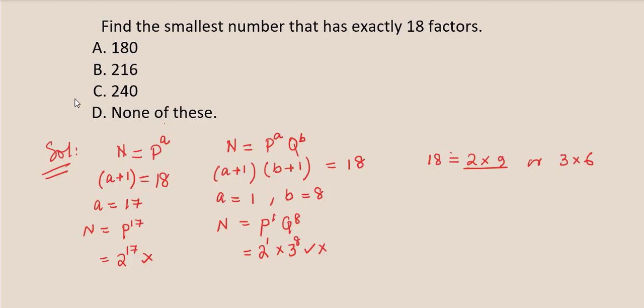Okay, so let's do this. The other values are a is 2 and b is 5. So the number could be n equals 2 to the power 2 multiplied by 3 to the power 5.